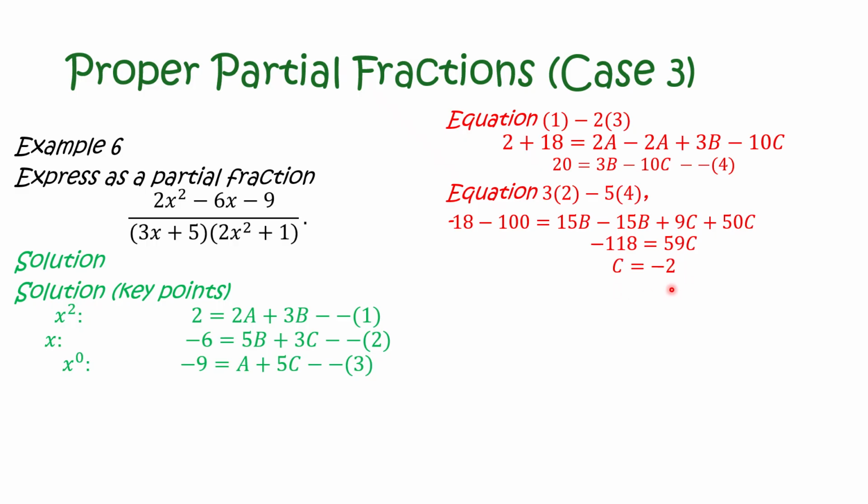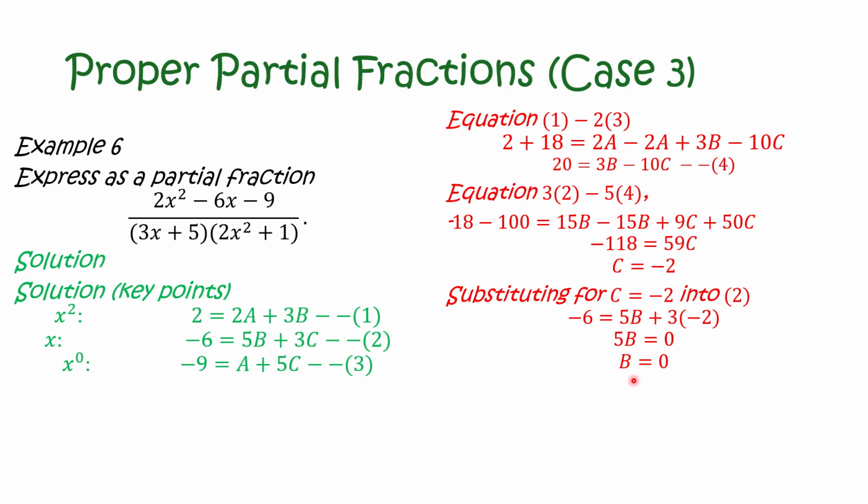With that, we are going to get minus 118 is equal to 59c, implying that c is equal to minus 2. So substituting for c into equation 2, and recall our c is minus 2, we're going to get minus 6 is equal to 5b plus 3 times minus 2, so that we get 5b is equal to 0.